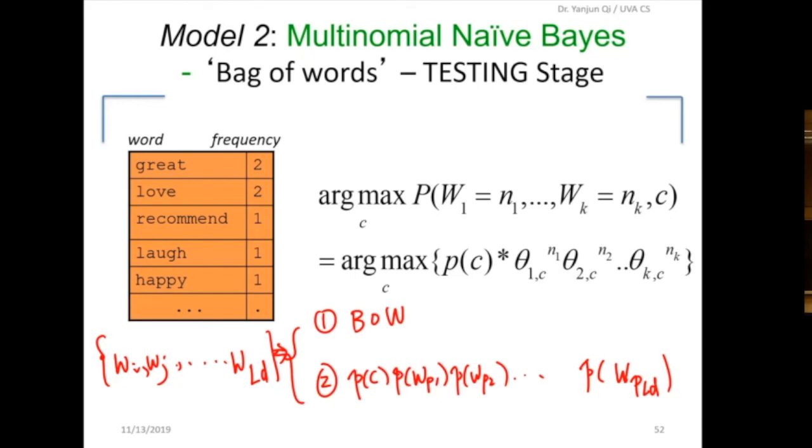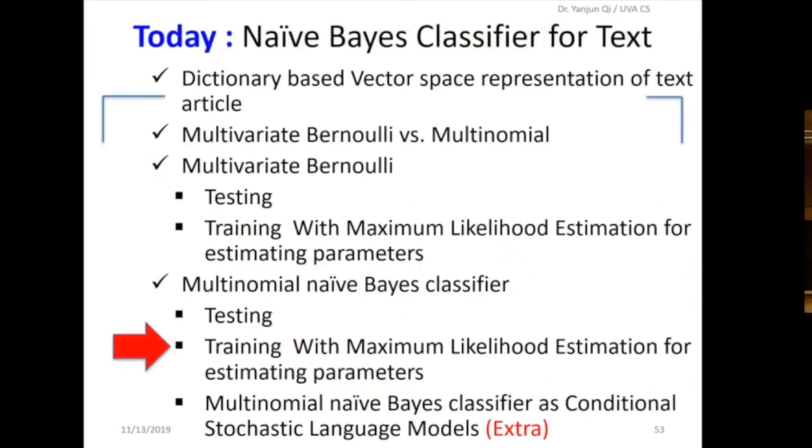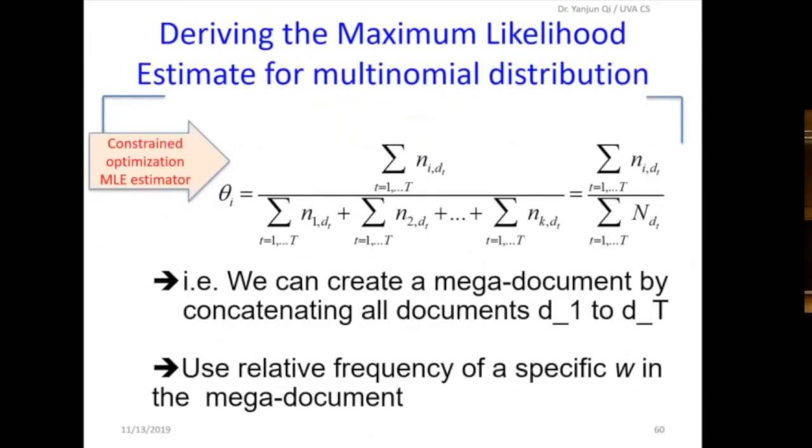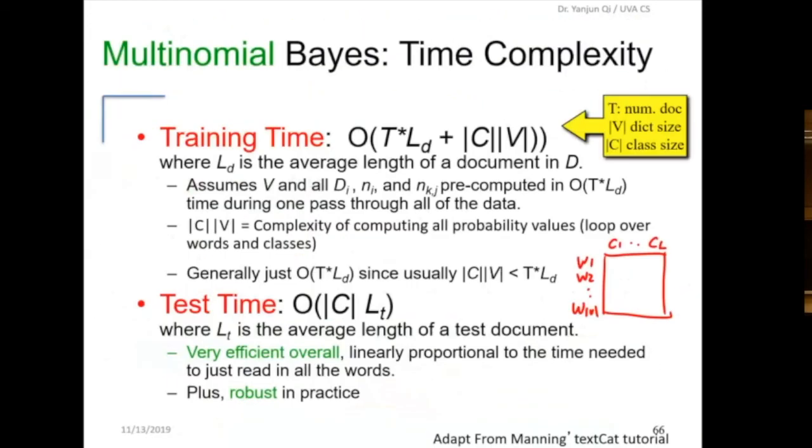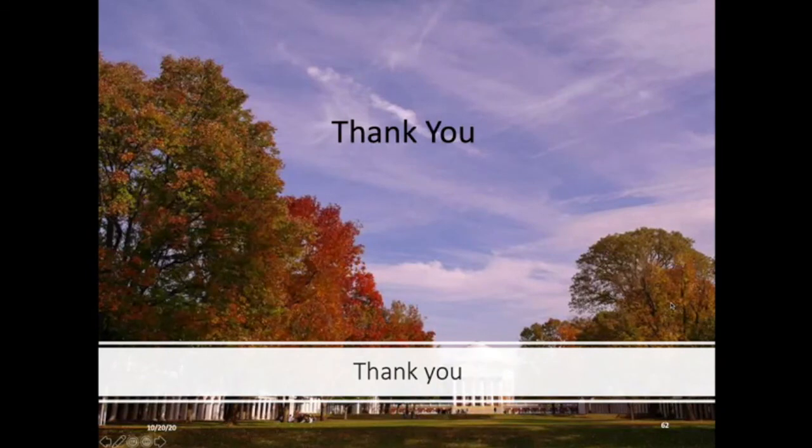That's exactly what we showed here. The cost of testing is C times the length of the document. All right, great. So this is the end of this module. See you in the next module.